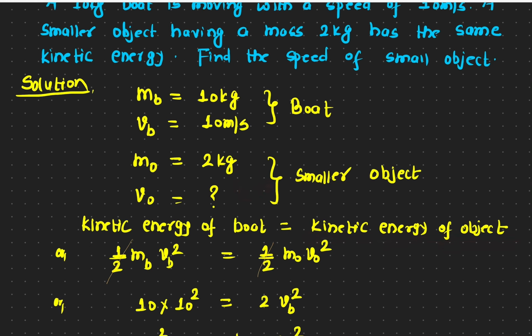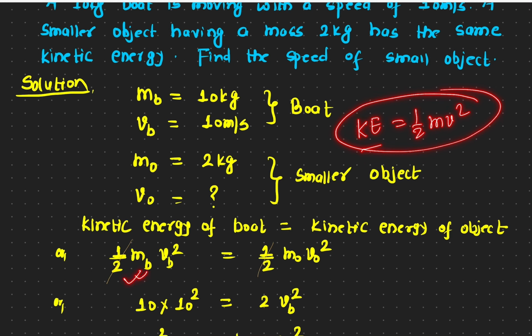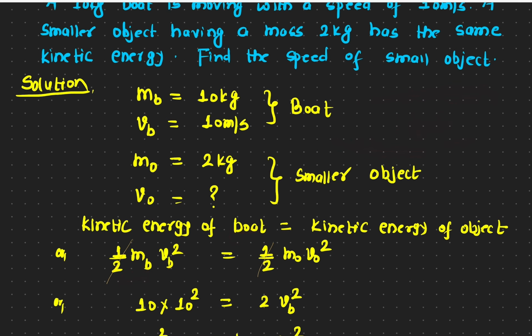The formula for kinetic energy is half mv squared. We just mentioned that the kinetic energy is given by half mv squared. So we start with this equation here, half, and this is for the boat. So we write down the mass of the boat and the speed of the boat squared.